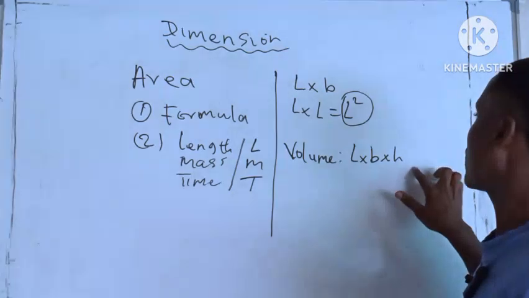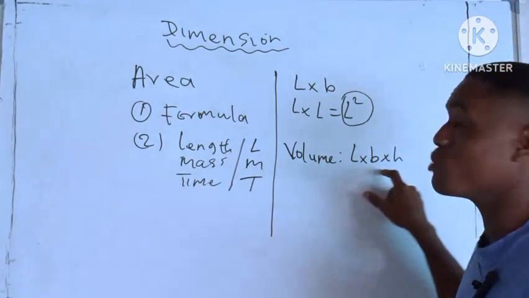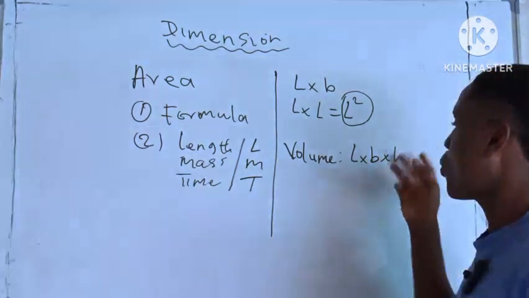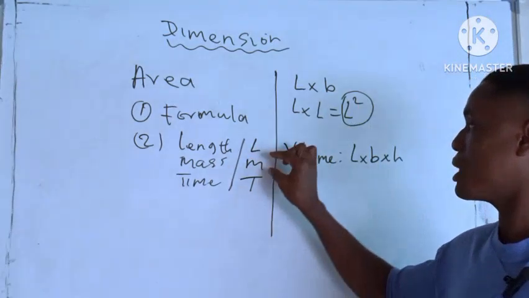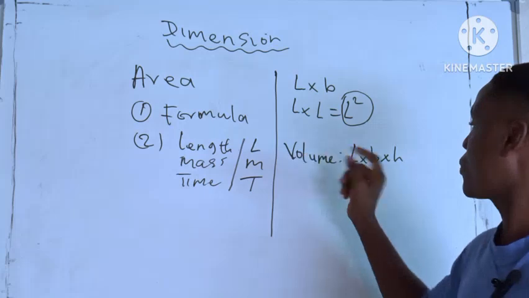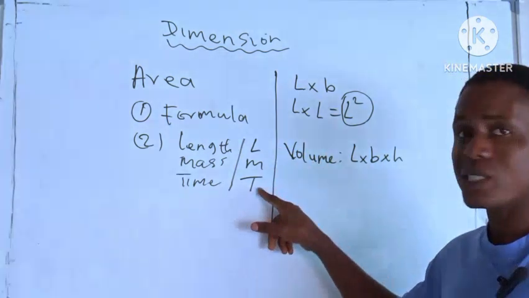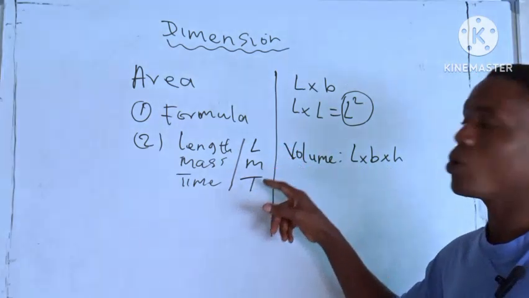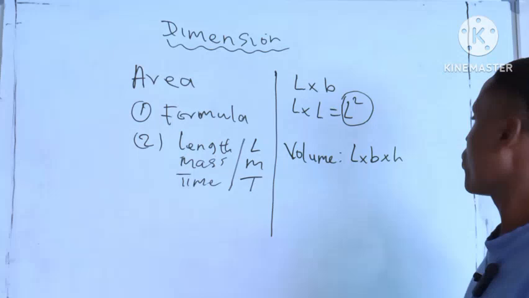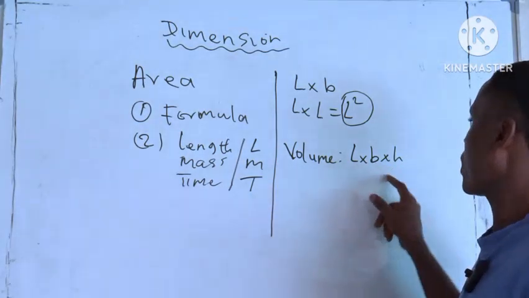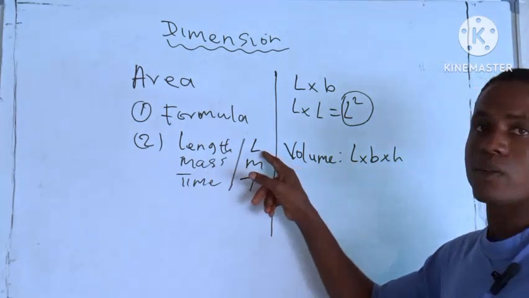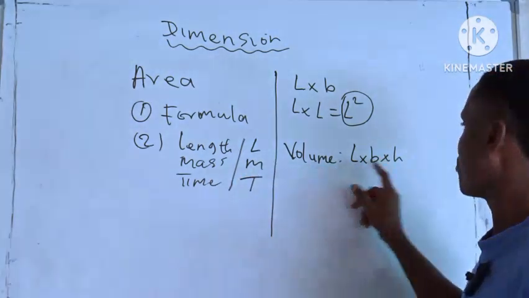So any alphabet you see while solving, you have to convert everything to either L, M, or T, that is length, mass, or time. So for this formula, L is here, isn't it? Yes. But B is not here.